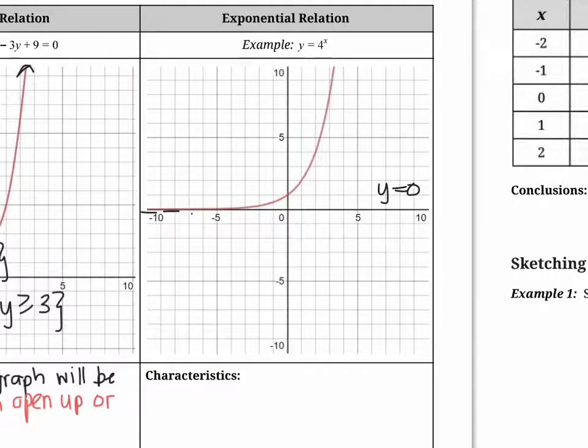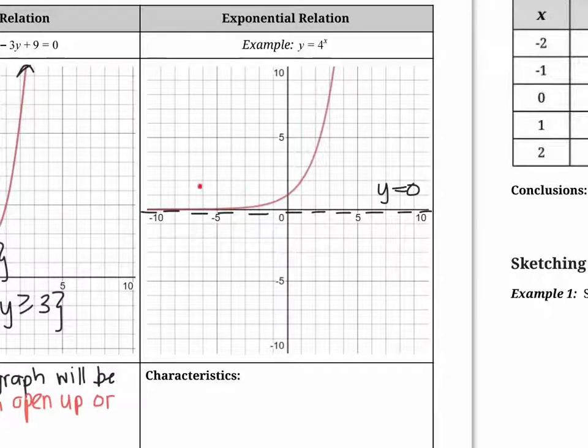So I'm just going to put a dotted line here that this is the line y equals 0. It's also the x-axis, but if we're going to talk about it as an equation, what is true along this entire line here? At every single point, x is changing, but y is equal to 0. That's why we call it y equals 0.